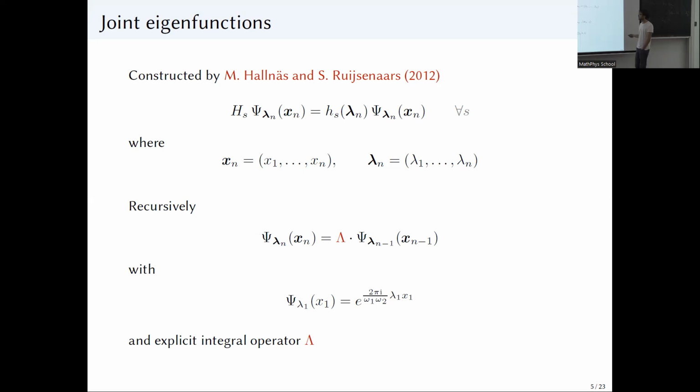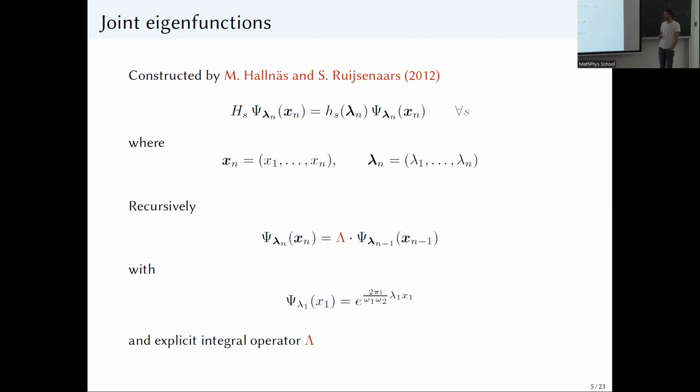Here the eigenfunctions depend, of course, on the coordinates, and they also depend on the spectral variables which parameterize the eigenvalues. So there is the same number of spectral variables in this vector. And there is some simple formula for the eigenvalues, which I didn't write here just because it's not so important for the talk, but it's not so complicated.